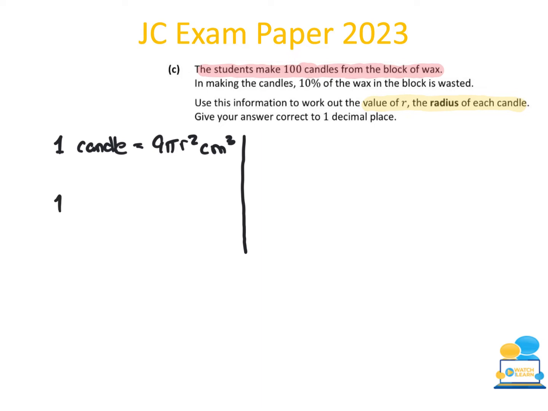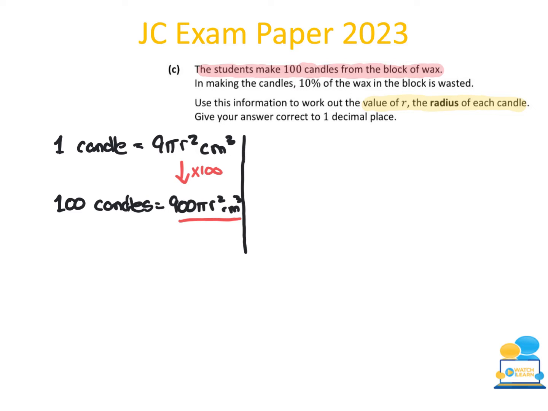So if I want to find out what the volume of 100 candles will be, I need to take my value for one candle and multiply that by 100. And 9 pi r squared multiplied by 100 will give me 900 pi r squared centimetres cubed. That's my first value for the first part of this question.